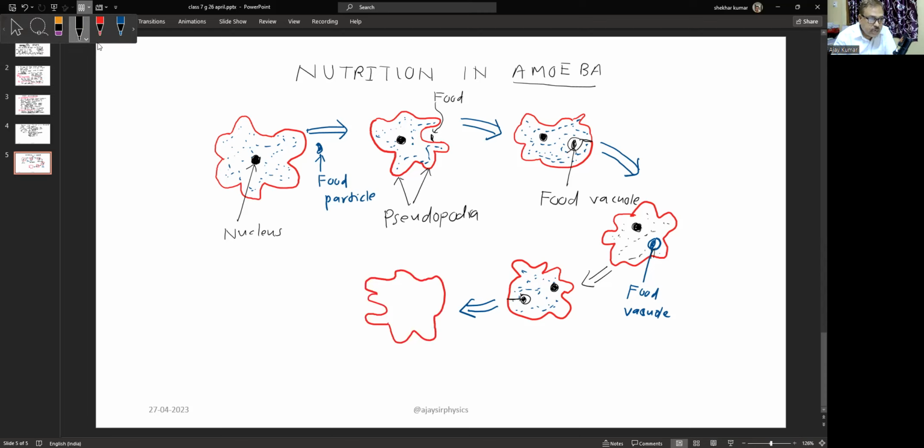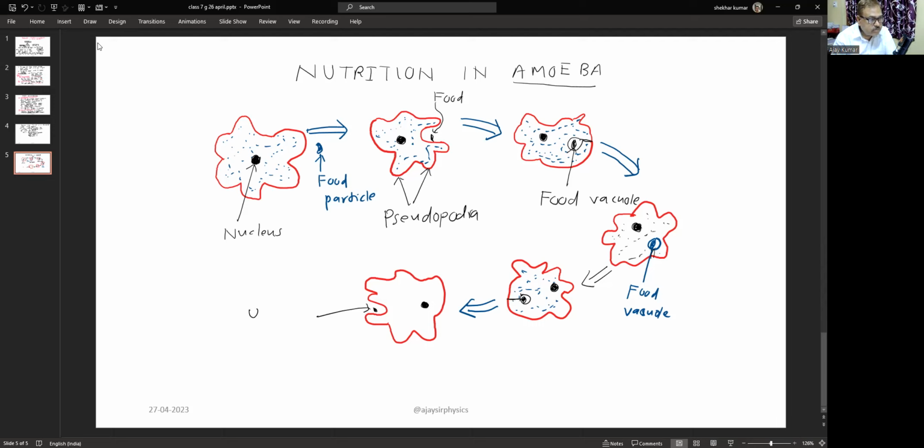Nucleus remains inside the body of the amoeba, and undigested food is taken out. Yes, this is the way how to draw the diagram.